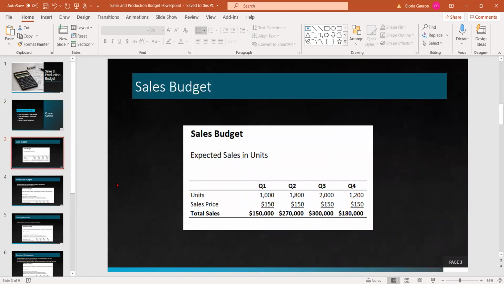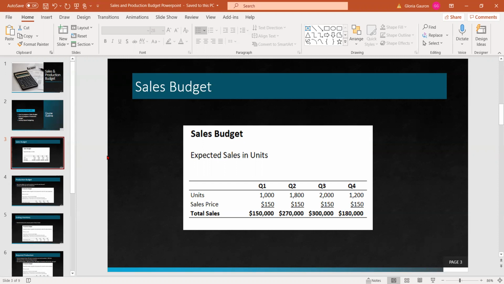So in this example, someone from the organization who is in the sales department, or the CEO, CFO, or whomever, mandates that these are the sales that have to be achieved in order to make a profit, or this is just their desired sales budget for Q1 through Q4.